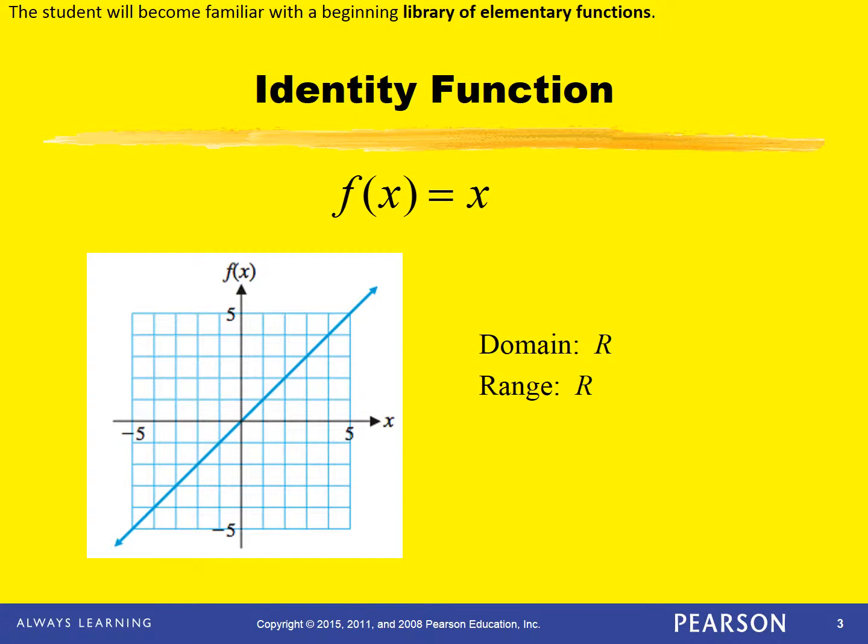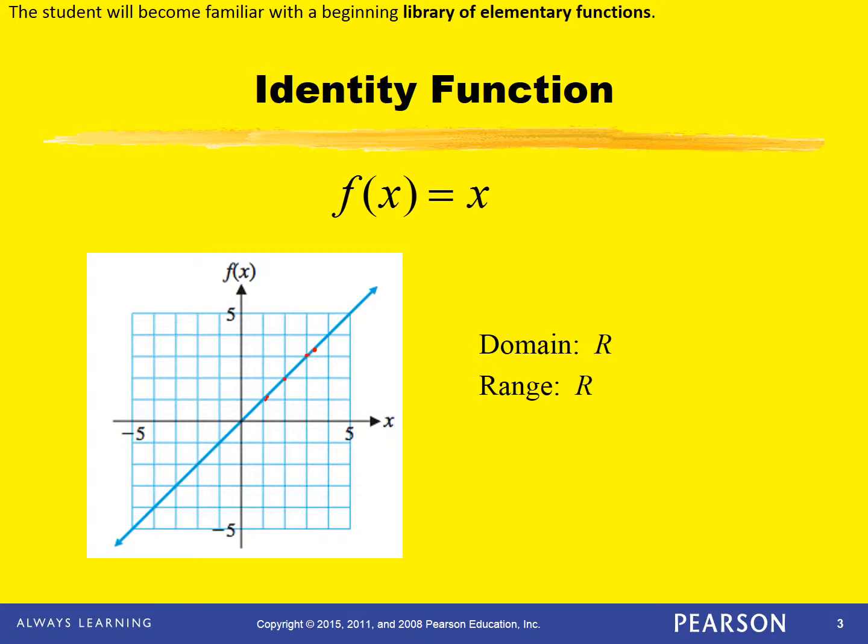So the first thing that we see in our library of functions is the identity function, also known as the linear parent function. It passes through the origin. It has slope 1. It passes through the points (1, 1), (2, 2), (3, 3), (pi, pi).